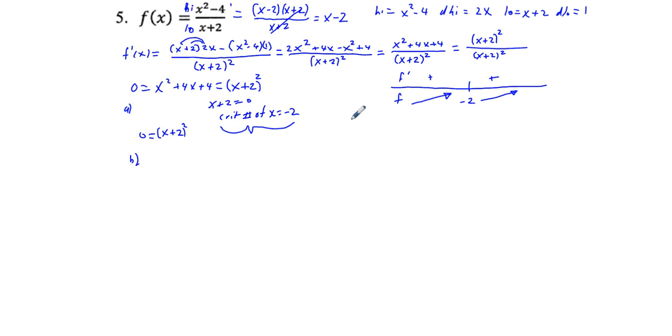So we will say increasing on negative infinity to negative 2 union negative 2 to infinity, and that's because f prime of x is greater than 0. Do we have a local max or minimum? So we say no.